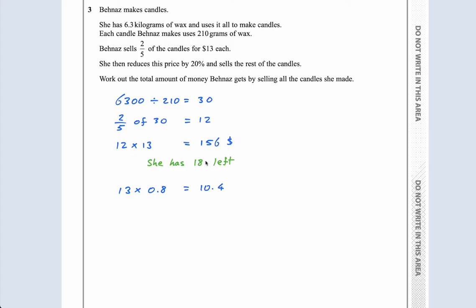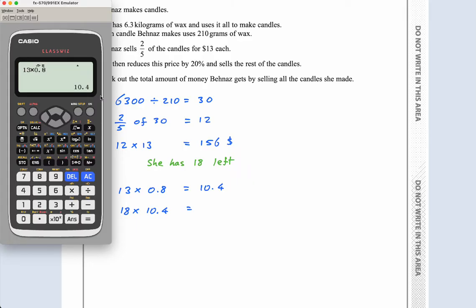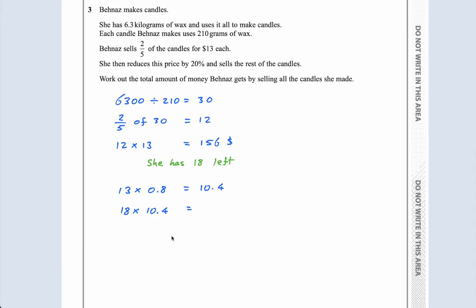So she's now going to sell these 18 at $10.40. So I'm going to do 18 times 10.4, which gives me 187.20, and that is also dollars. The question says work out the total amount that she's made.